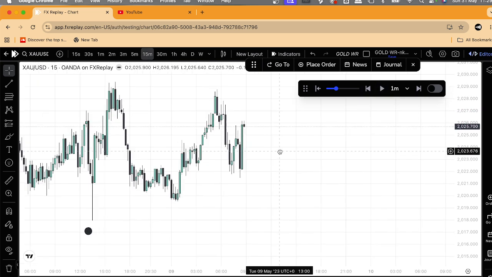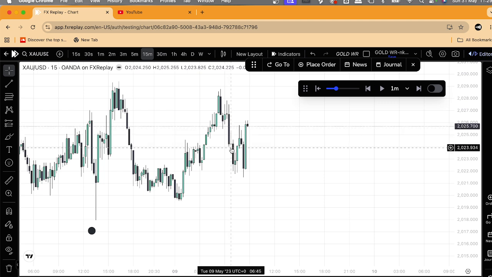But this is the thing. If I was to look at this without a direction, this would be throwing me all over the place, because I'd be like, okay, that's an accumulation, manipulated, but then we've come back down, and now the distribution's taken long and all that kind of stuff.